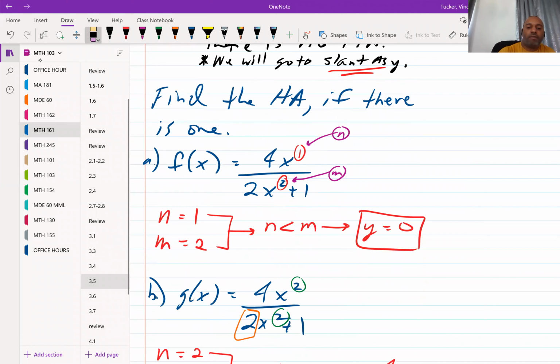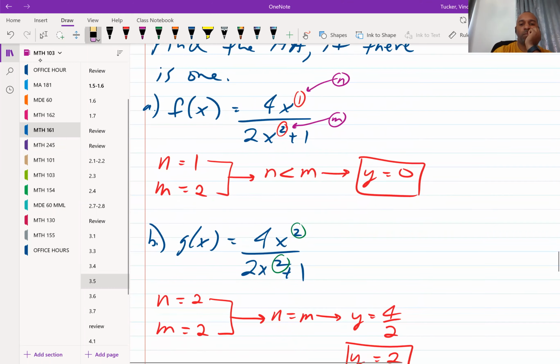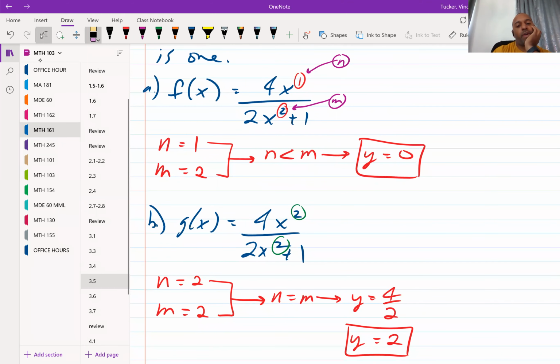All right, so here we have 4x squared over 2x squared plus 1. Both of our exponents are the same. Whenever your exponents are the same, you take the coefficients of your variables, which was this 4 and this 2.